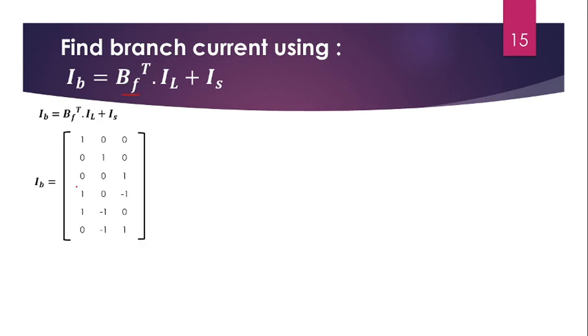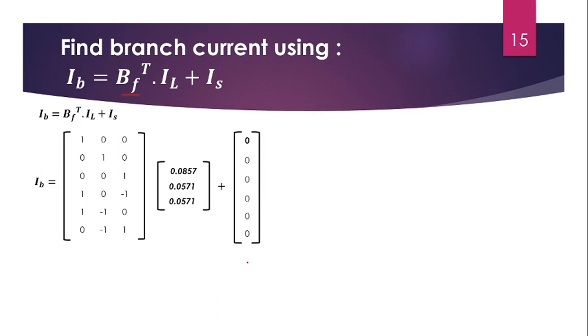So IB equals B-set transpose, which we already found, into IL, from the previous calculations, plus IS. IS is 0. The size of this transpose matrix is 6 by 3.